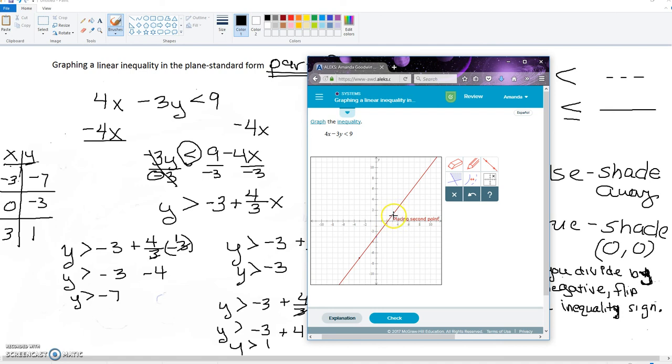Connect our dots. And this is going to be a dashed line. So we go ahead and switch it to dash. Remember, it's based on our inequality signs.